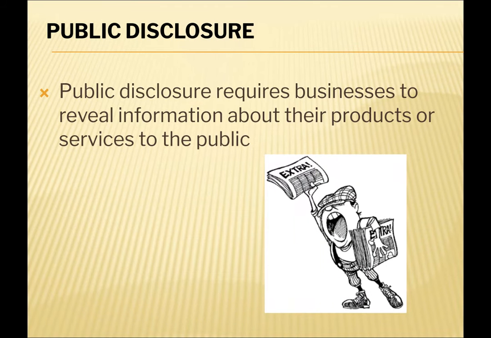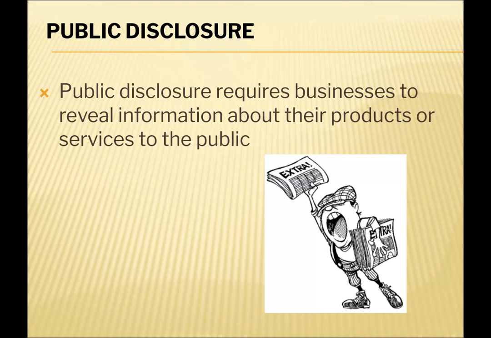I do want to talk about this one, public disclosure. And this goes with the inadequate info. So companies are going to have to disclose information about what's in their products, what type of things go into their services so that the consumer is not in the dark.